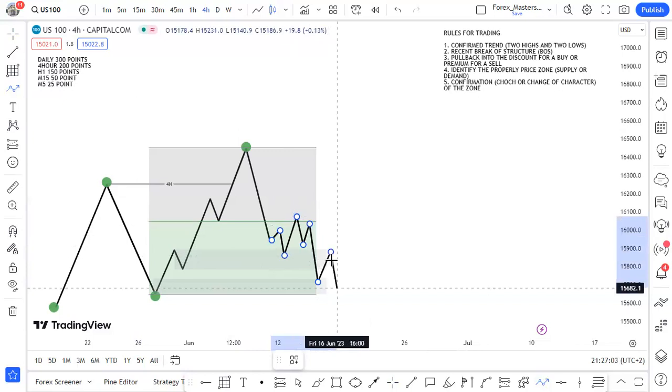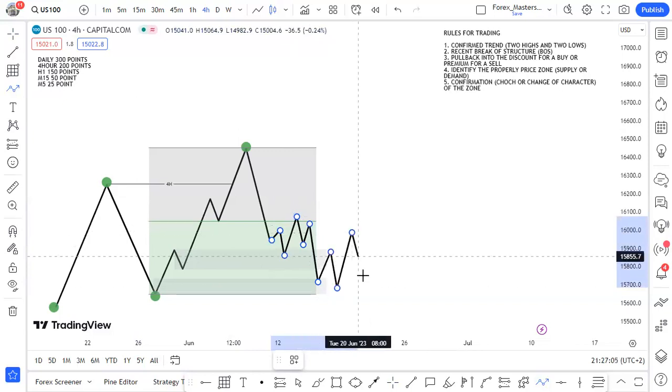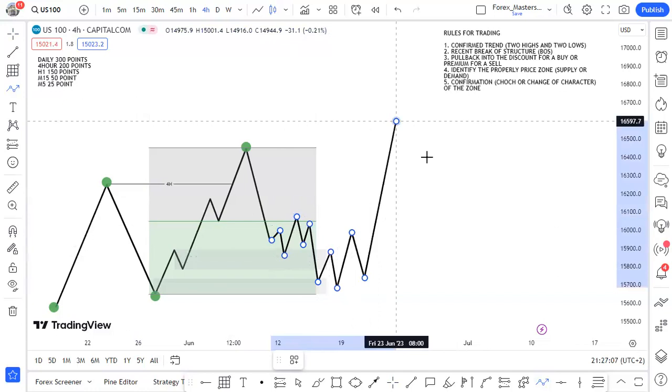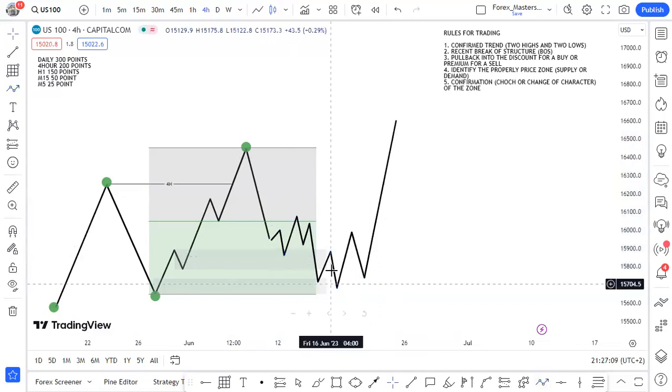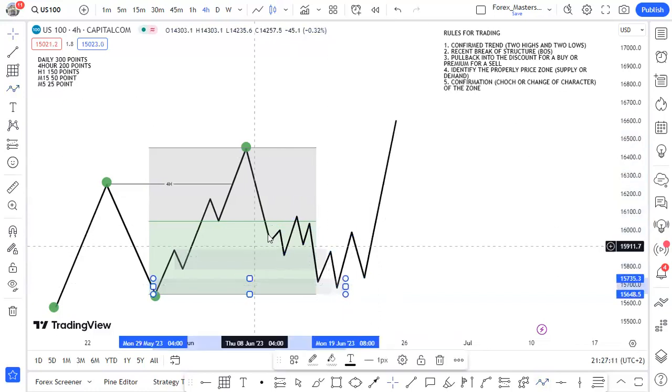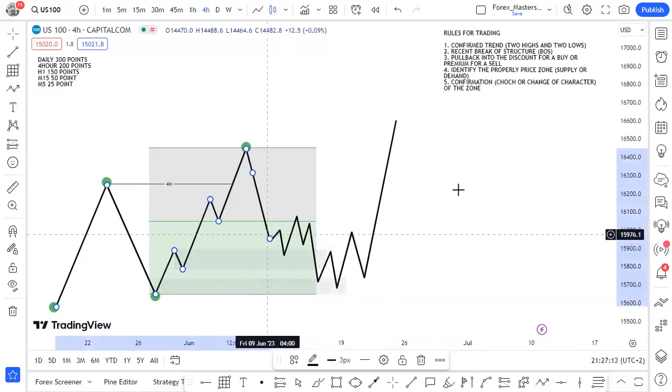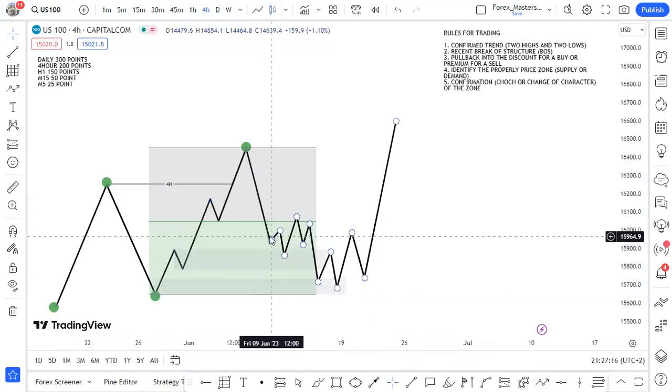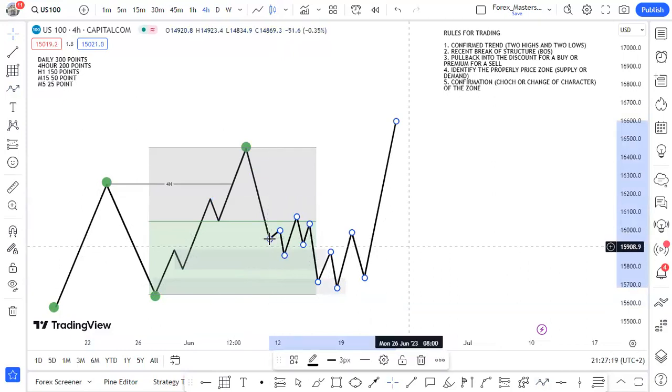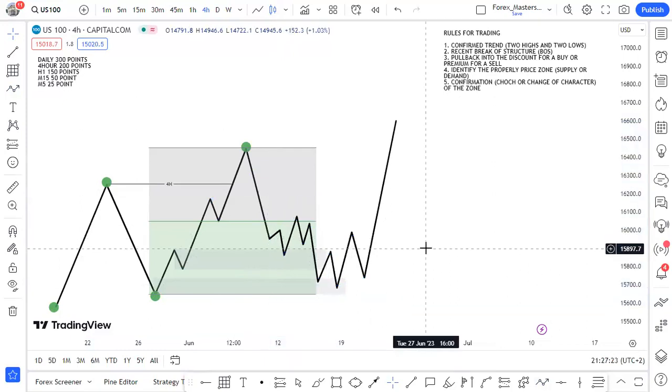Then price may even come right here, give you that change of character, and push to the upside like that. So this is why we're saying that once price gets to this continuation zone, we need to look out for confirmation.